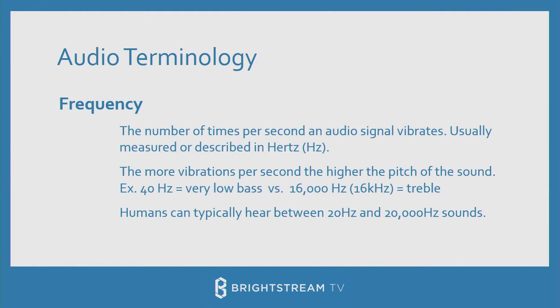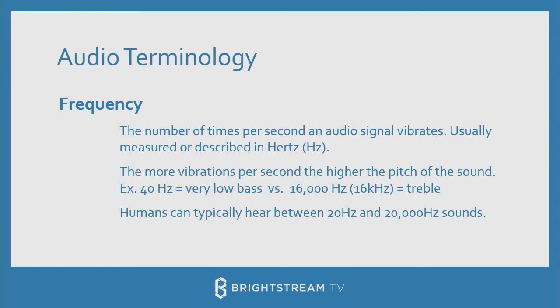So very high, tinny sounds, very high pitch, that is striking your ear faster than, say, a very low or bass sound. Okay? So just some examples here. A 40 hertz sound is a very low bass, but a 16,000 hertz or 16 kilohertz is more of a treble sound. It's a higher sound.